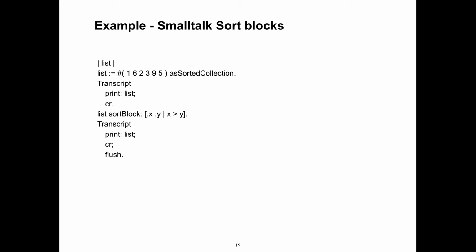Sort of an example, in Smalltalk, when you create a sorted collection, you can give it a lambda, which tells it how to compare the elements. And their lambdas use square brackets instead of curly brackets or round parentheses to define a lambda.